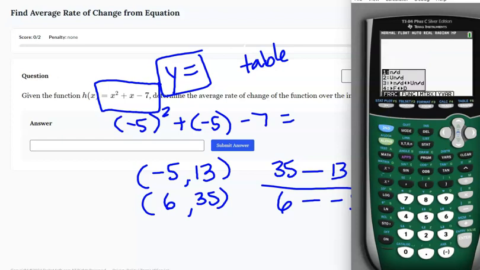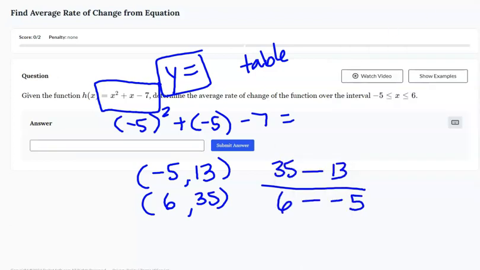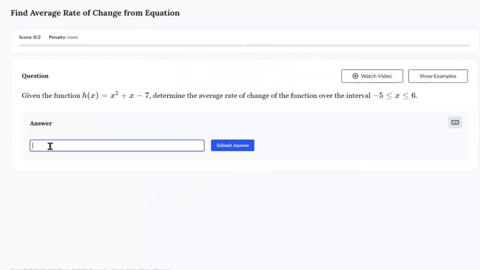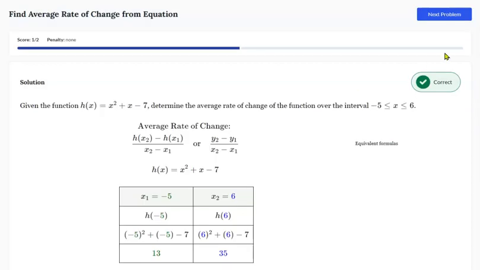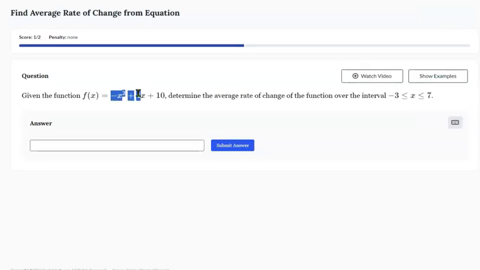Alpha y equals 35 minus 13 over 6 minus -5. Looks like I get 2. So I'm going to type that here and compute. Again, you type this equation into your y equals button and you look in the table for the y values for -3 and +7.